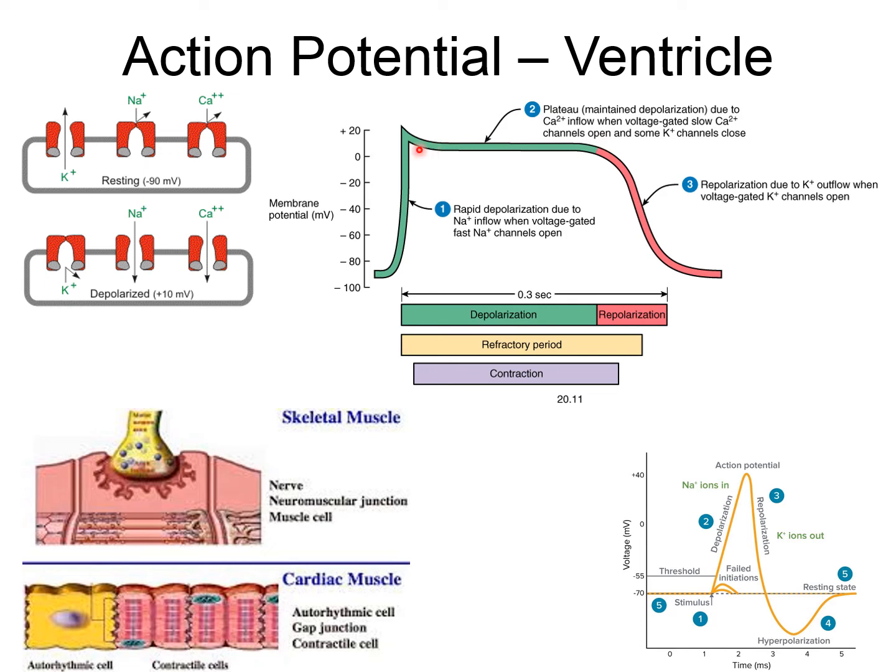This phase of sustained positive charges on the cardiac muscles is called the plateau phase. This plateau phase is not present in neurons and skeletal muscle. It is due to calcium ions and calcium channels that are only functional in the heart muscle, not in the skeletal muscle membrane and not on the neurons.